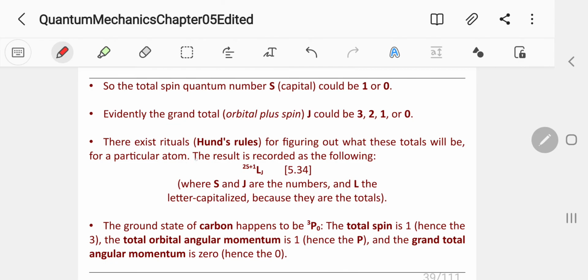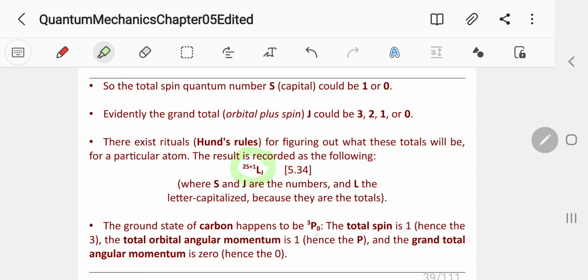There exist Hund's rules for figuring out what these orbitals will be for a particular atom. The result is recorded as this one here, where S and J are the numbers and L the letters. They're capitalized because they are the totals.